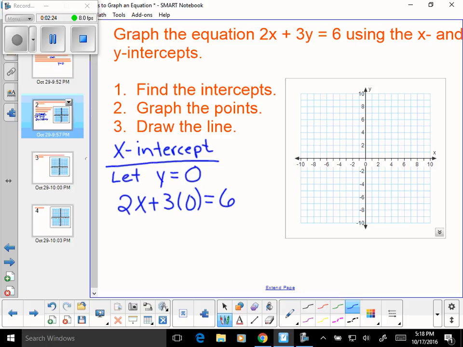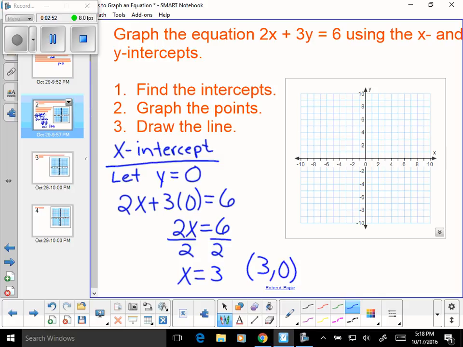What is 3 times 0? 3 times 0 is 0. So 2x plus 0 still leaves me with 2x equal to 6. Now I have a one-step equation, so I will divide both sides by 2, and x will equal 3. So my x-intercept is going to be the point 3, 0.